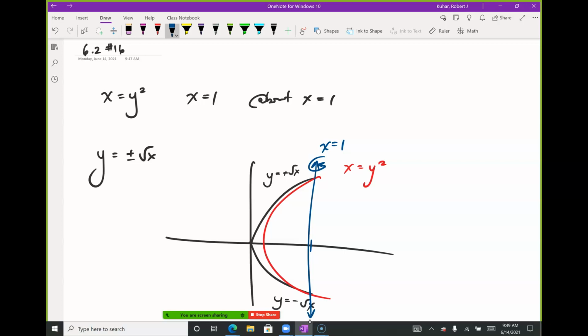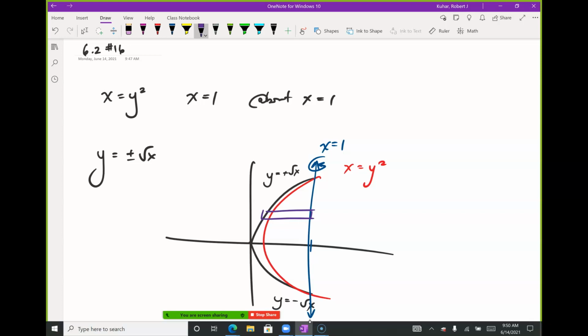I'm going to be rotating this around here to get that football or rugby ball shape. Kind of looks more like an almond. But since it's a disk method, that's pretty clear. And you can also tell it's a disk because the rectangle is touching the axis of revolution everywhere that rectangle would be.